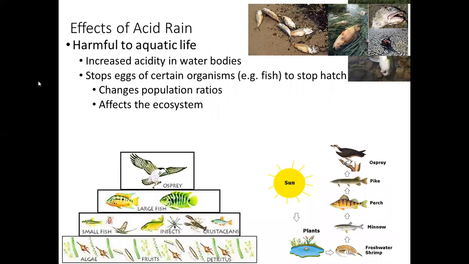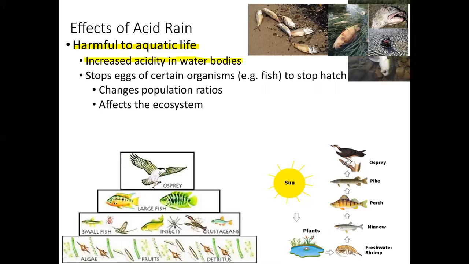Then let's see the effects of acid deposition or acid rain. Acid deposition is harmful to aquatic life because it increases the acidity in water bodies.